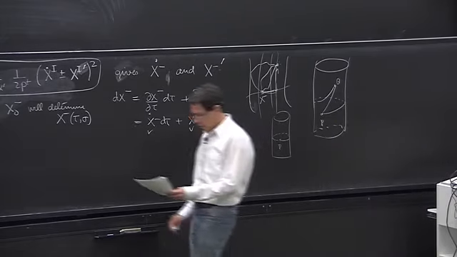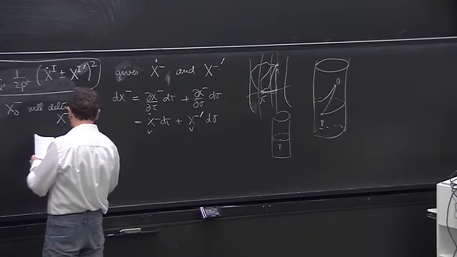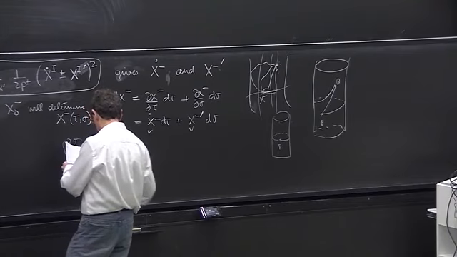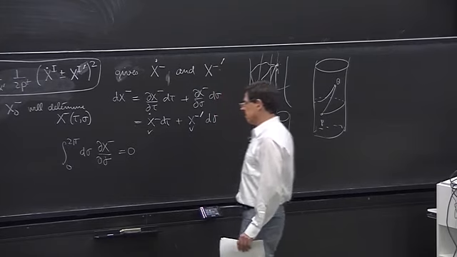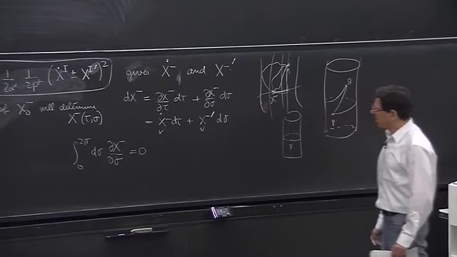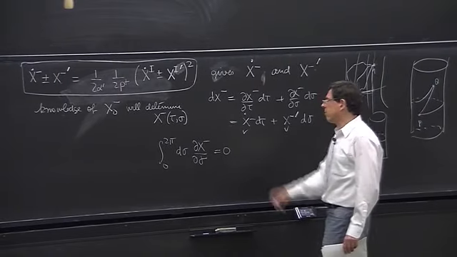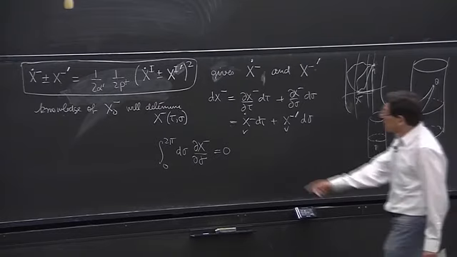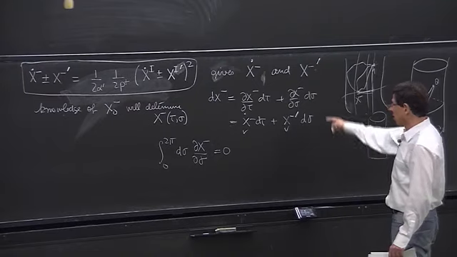So you would have to check that the integral from 0 to 2 pi d sigma of dx minus d sigma is equal to 0. Isn't that obvious? Because it's an integral of a total derivative? Not quite. It looks like it's an integral of a total derivative. It's not all that simple.